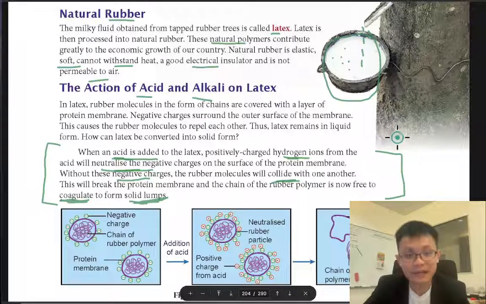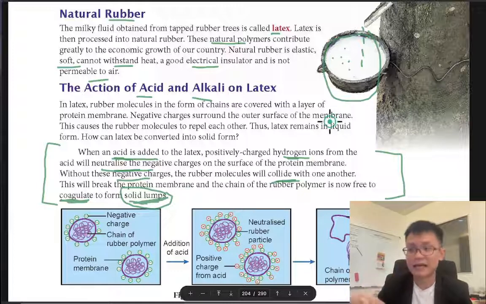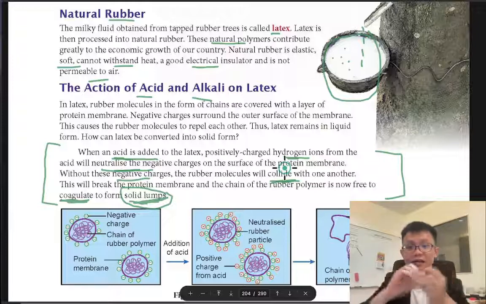So let's say the question asks you how the solid lump is formed. They ask you how a liquid becomes a solid. Okay, first the bacteria will grow. When the bacteria grow, it will produce the acid. The acid will neutralize the protein membrane. After it is neutralized, they will collide with one another.